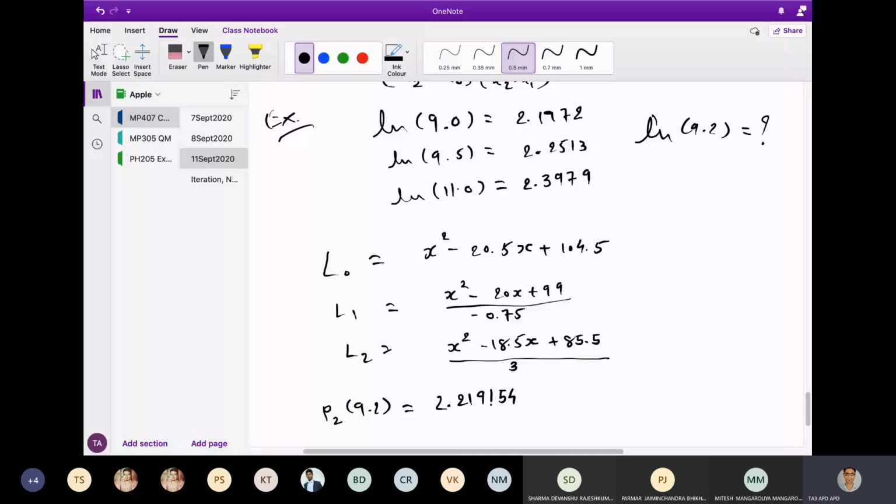At the moment, because we have been given the data only for 4 digits, if you approximate it by chopping the last 2 digits, it is 2.219, and because the next digit is greater than or equal to 5, you add one more, so that is going to be 2.2192.